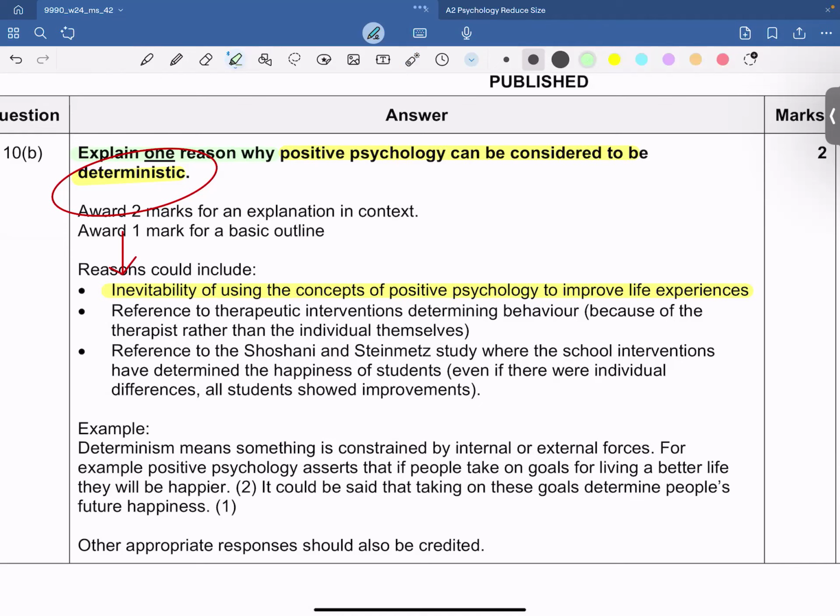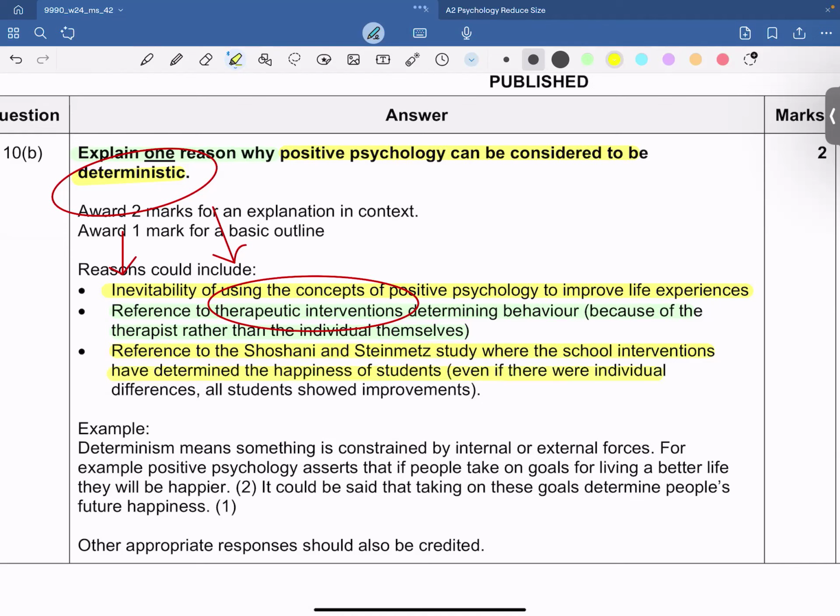Number two, reference to therapeutic interventions determining behavior because of the therapist rather than the individual themselves. Now, again, when you talk about intervention through a therapy, this is again an example of you being deterministic. Number three, reference to the Shoshani and Steinmetz study where the school interventions have determined the happiness of students.